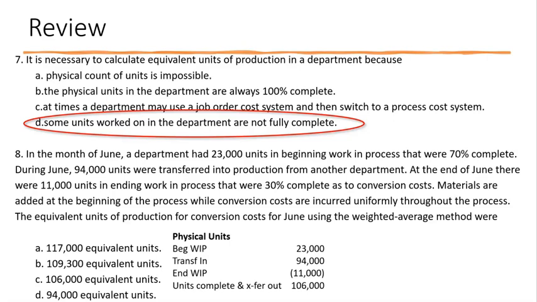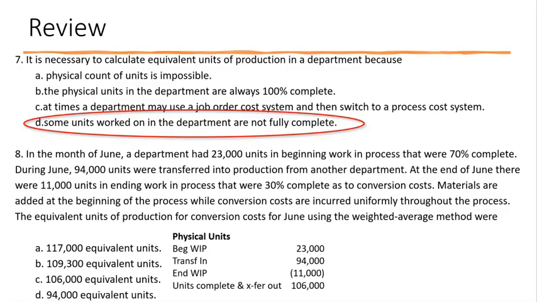Since we're doing physical units, we aren't paying attention to the percent complete at this point, so we take all 23,000. We had 94,000 units transferred in from another department, so we add that. Then we subtract our ending work in process, the 11,000 units. Again, we're counting the full units because we're talking physical units, and that gives us 106,000 units complete and transferred out.